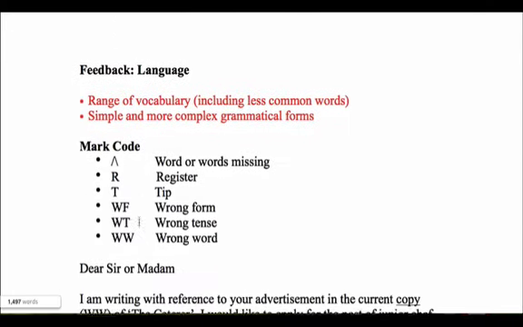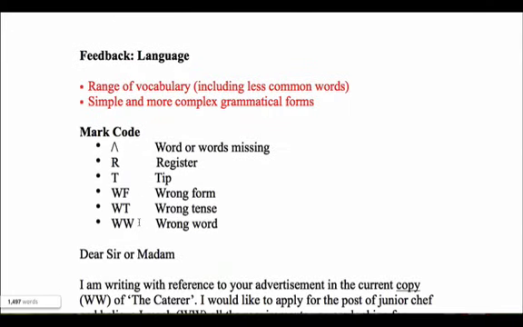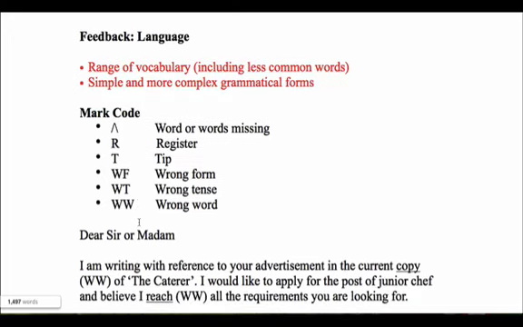Okay, so we'll now turn our attention to language. Now we'll do this slightly differently. What I'd like you to do is read through the letter on your own and try to identify any mistakes in grammar or vocabulary. I've used 6 codes to help you identify mistakes.